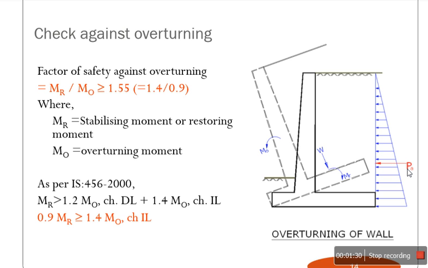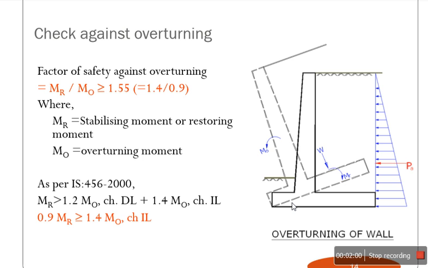If you calculate the whole weight, that weight is not at the center, it is eccentrically placed, and you also have a distance from its base. So if you calculate the weight multiplied by the distance, you will also get the moment, which are the resisting moments. If the resisting moments are less than the overturning moments, then your retaining wall will overturn.